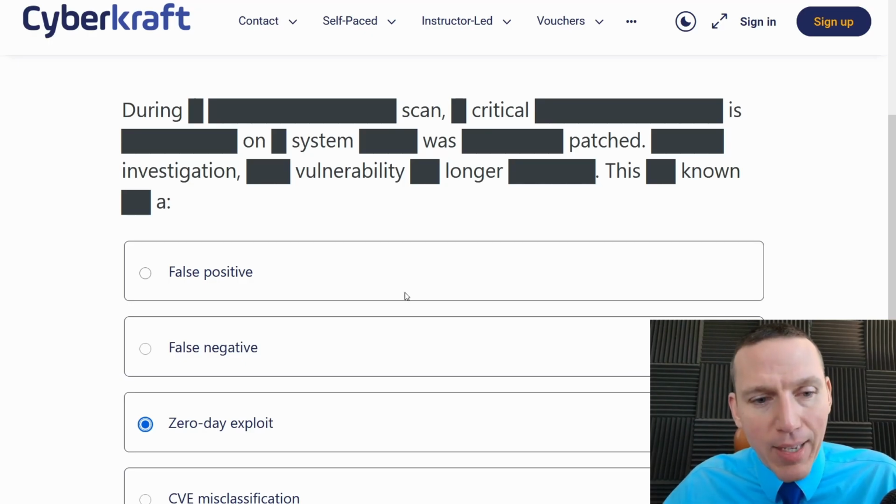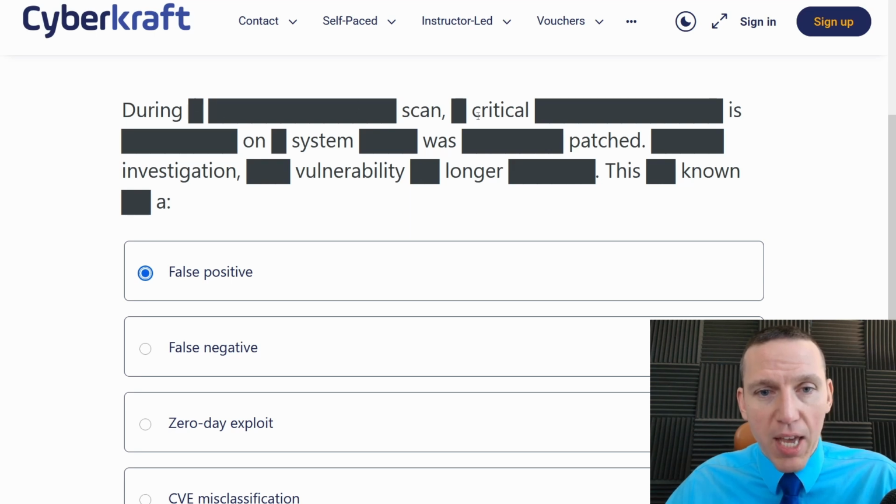So I kind of think it's going to be 0-day exploit. During investigation, this vulnerability no longer exists. I don't know. Wait, if this says no longer exists, then that would be a false positive.